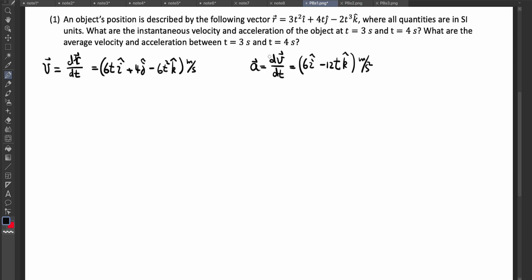Now, the remaining thing here is to plug in the values 3 seconds and 4 seconds. So let's write this down. v at 3 seconds equals, when I plug in 3 here, I get 18 i hat, 4 j hat. When I plug in 3 here, I get minus 54 k hat.